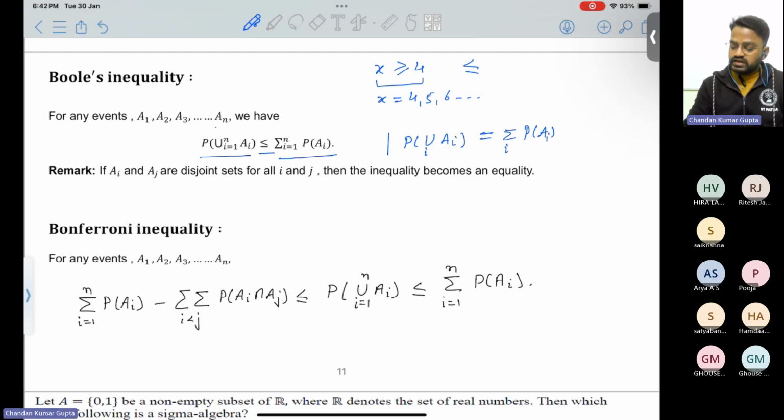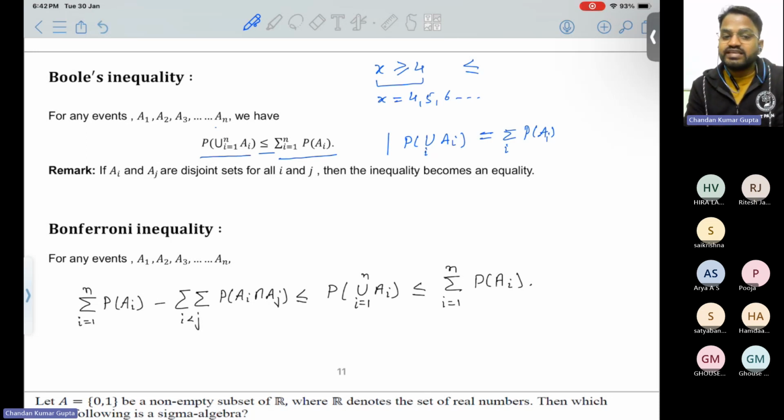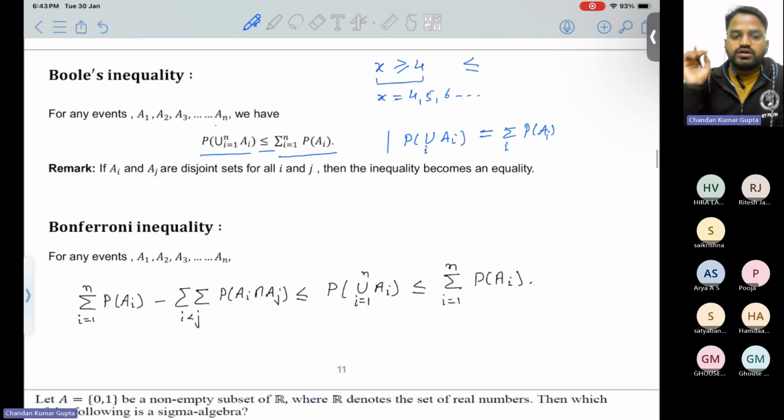And here we say it is less than or equal to, because it is possible that the events are mutually exclusive or disjoint. In the case of disjoint events, this inequality converts to equality. That is the third axiom of the axiomatic definition.